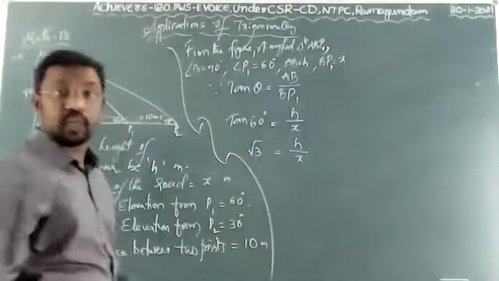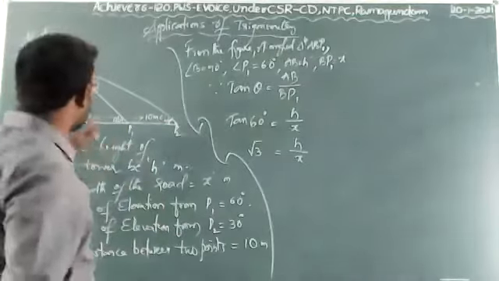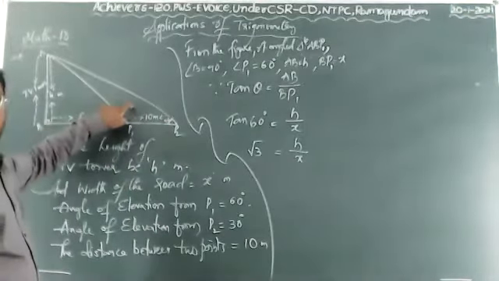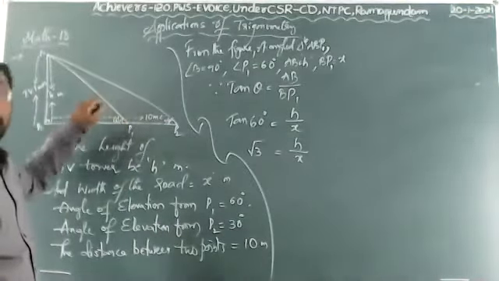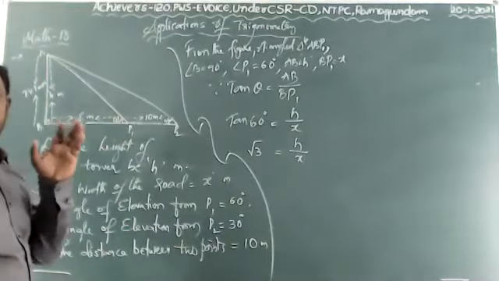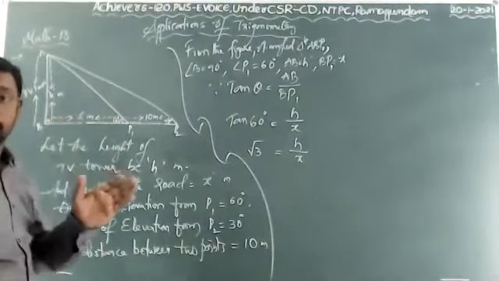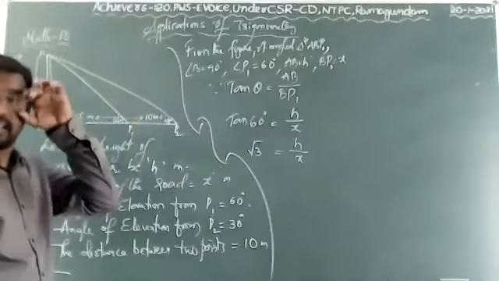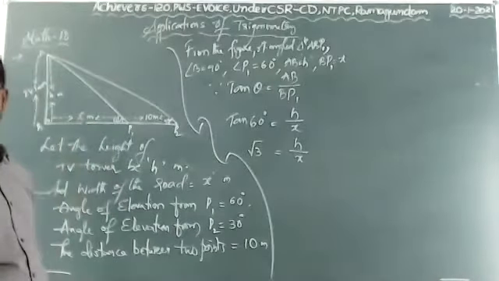Already I said that equalize H, because in the two right triangles the H is common. If you get that H value, you can substitute that H value in the other equation. Understand?